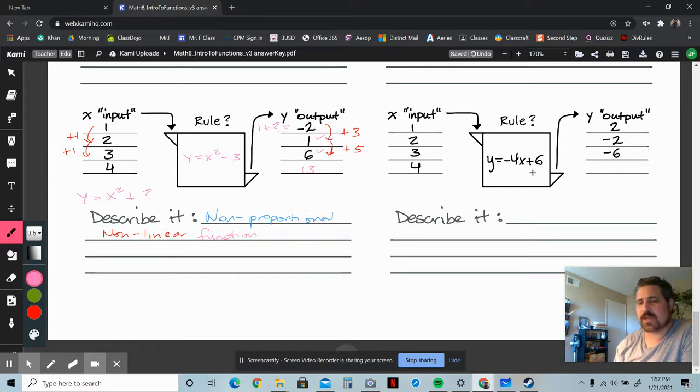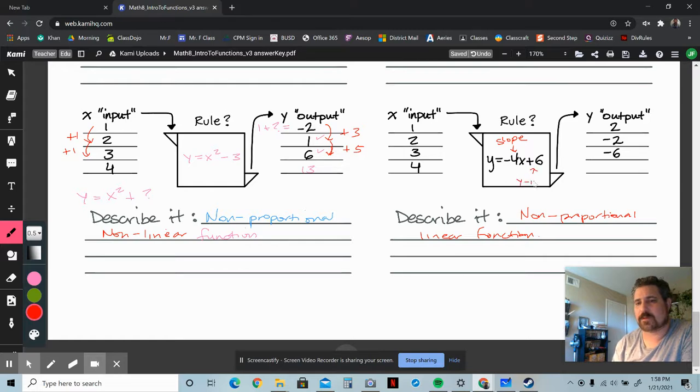And this last one, it is a non-proportional linear function. We already know what it is. We've seen it before. This is in the form y equals mx plus b, where the slope is -4 and the y-intercept is 6. So this is a non-proportional linear function. And in this case, like I said, the slope is -4. So that means as x increases by 1, y decreases by 4.